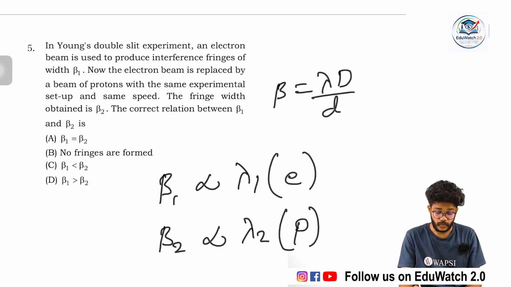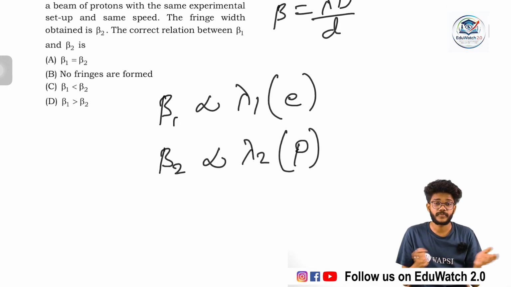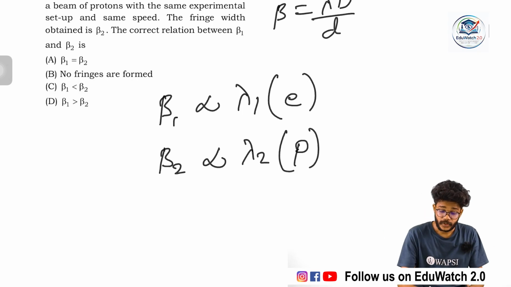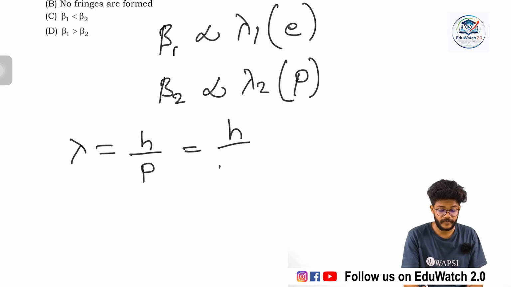How can we differentiate the wave of an electron or proton? Electron or proton can be distinguished on the basis of charge and mass. So we have the equation lambda is equal to h by p, which is equal to h by mv.